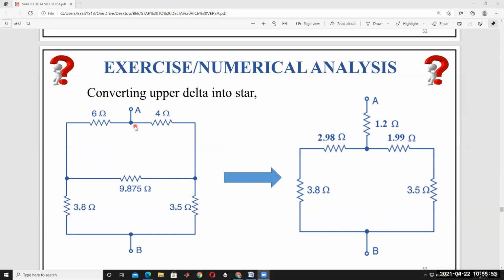And what is the resistance between these two? Converted delta to star. So 6 into 4 divided by 6 plus 4 plus 9.8. Okay. This is called the star network here. So the star network is nothing but here and here, delta to star.